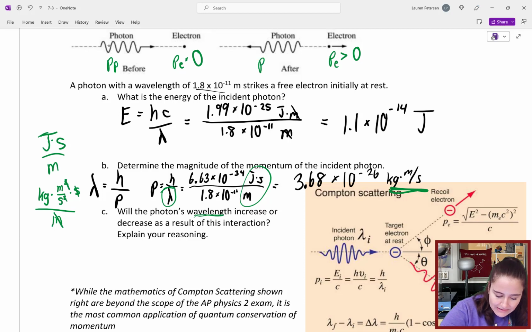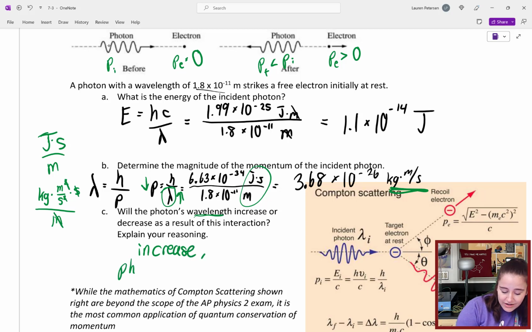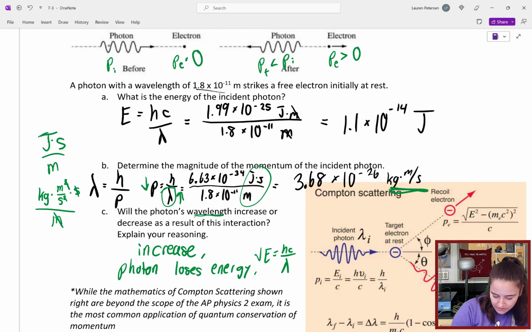So the final momentum of the photon will be less than its initial momentum. And if your momentum goes down, your wavelength increases. Another way to think about it is the photon loses energy, and since E equals hc over lambda, lower energy, higher wavelength. We know that.